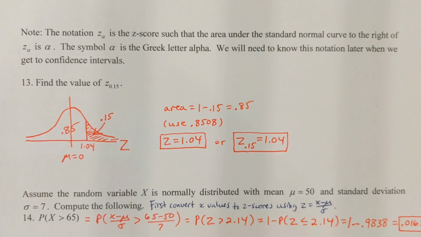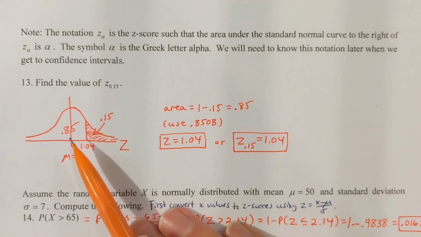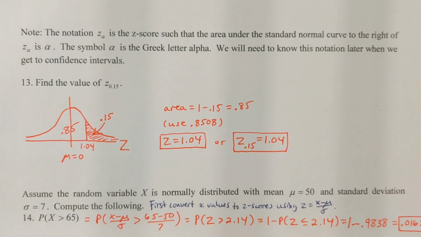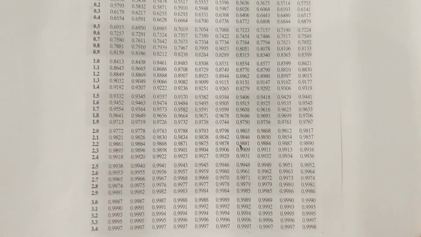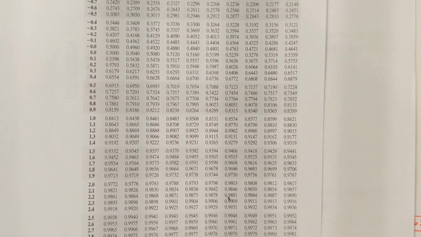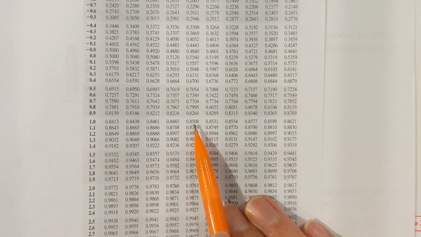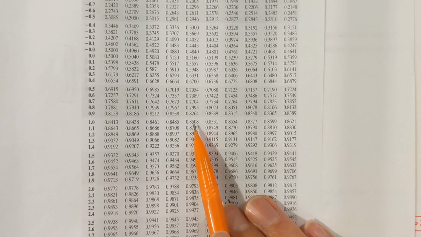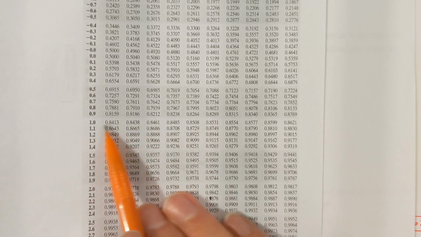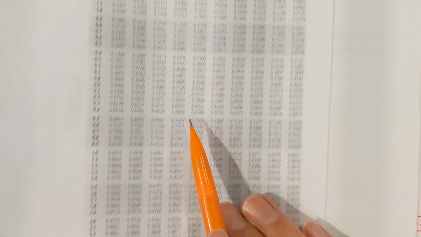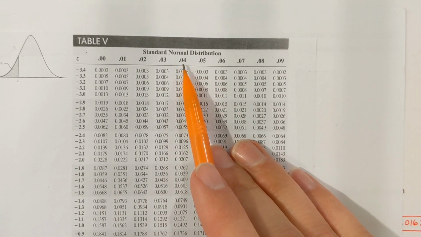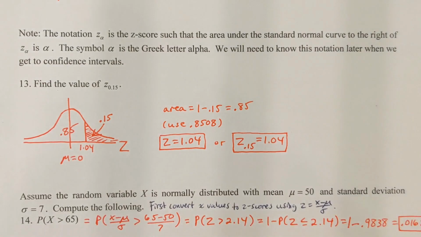The table only gives area to the left, so I need to be looking for 0.8500. Use the complement rule to get that. And let's see, 0.8500 is, again, not listed. 0.8508 would be the closest number that I see, and 1.04 would be that z-score when you match up the row and column.